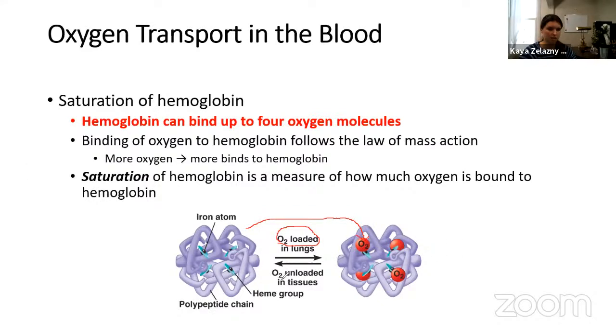When we say it's unloaded, what we mean is that we're taking off the oxygen, and that oxygen is going out to some respiring tissue, to some cells that need oxygen. So we're going to expect that O2 on the whole is going to be loaded onto the hemoglobin in the lungs and unloaded in the tissues, but we're going to be looking at some things that influence the rate of both of those processes.